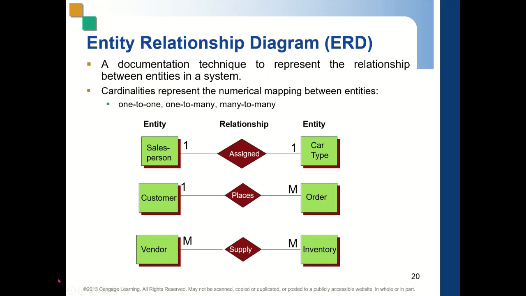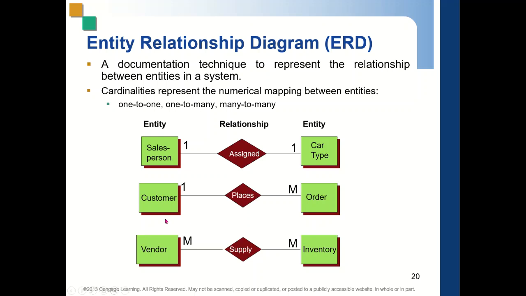We want to keep data about customers, so we will have an entity called customer, and an entity called vendor, the people who supply us, for instance, with the raw materials that we need to produce the finished products that we produce. So those would be entities, and entities are related in some way.